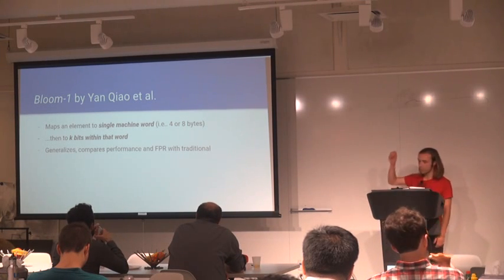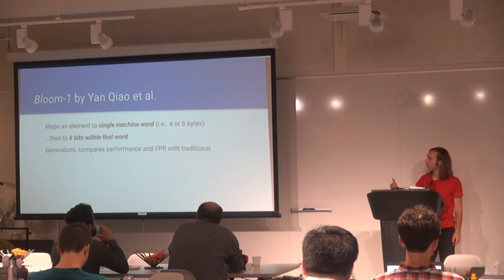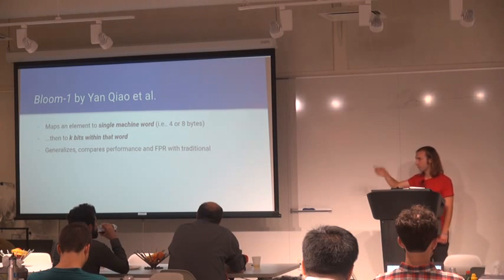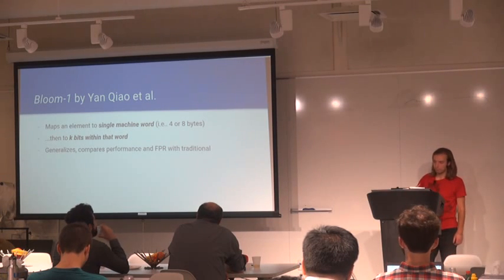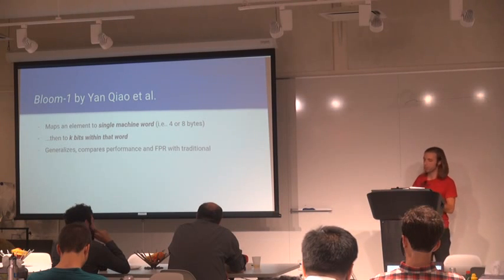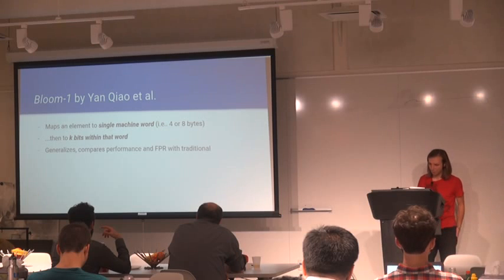This is better for us, first of all, because we have fewer cache misses. We're only operating on a single cache line. We have fewer expensive atomic operations, which put even more pressure on your memory subsystem.